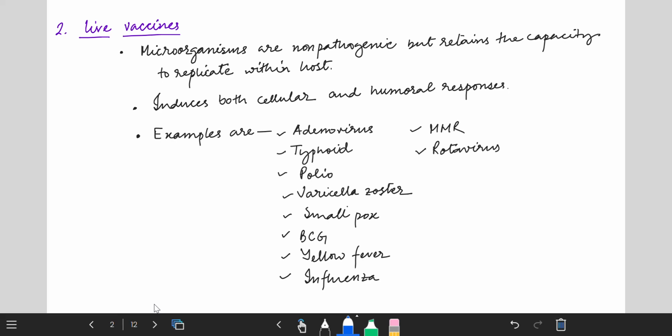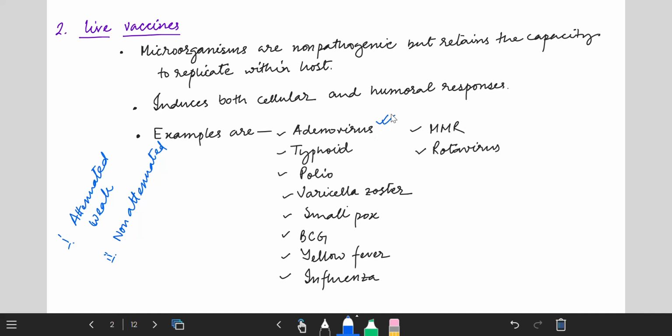First is attenuated. Attenuated means weak. Another one is non-attenuated. Non-attenuated vaccines are mainly adenovirus vaccines.